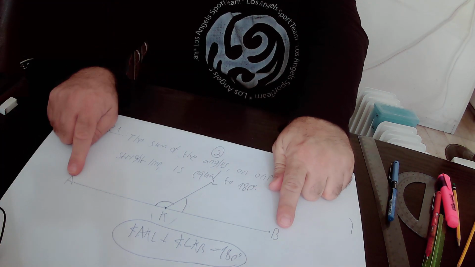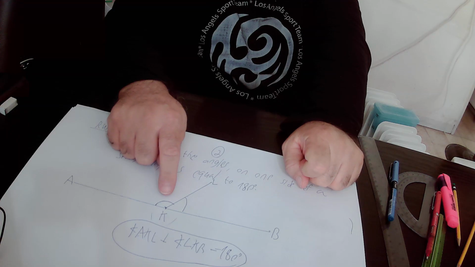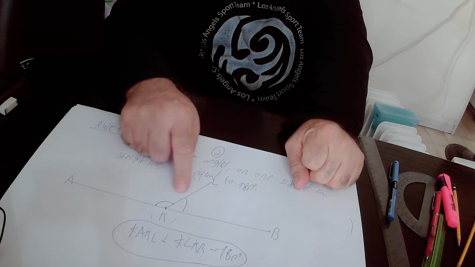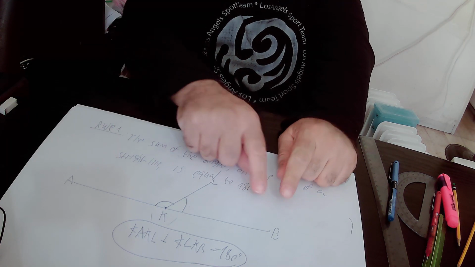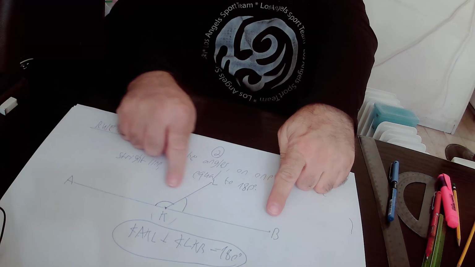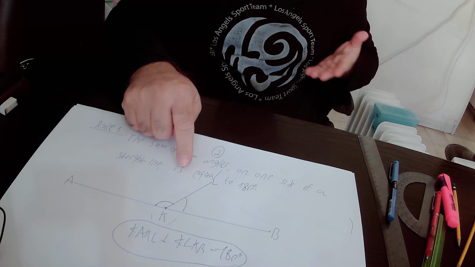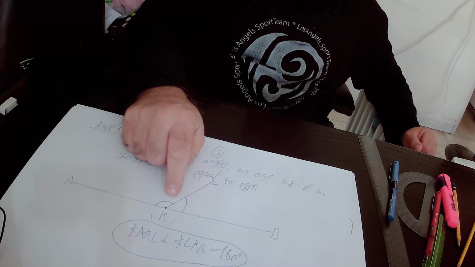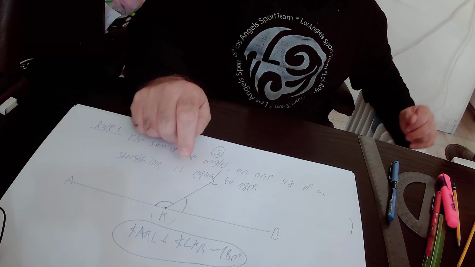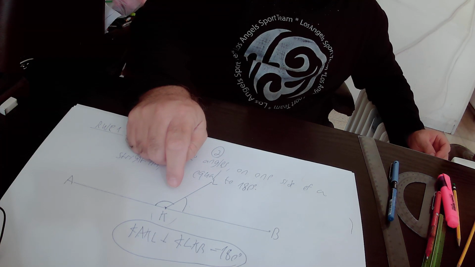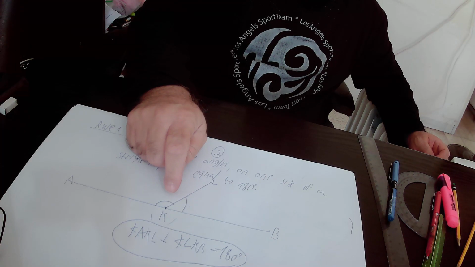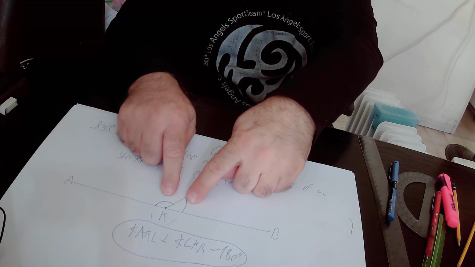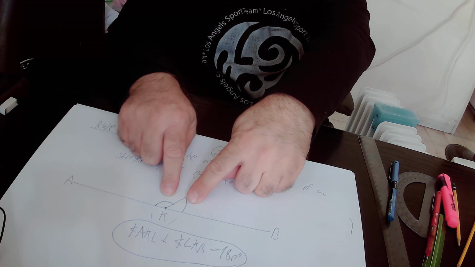If AB is a straight line, and we have here point K, and line segment KL, so if we focus on the upper side of the straight line AB at point K, according to rule number 1, the sum of the angles on the upper side of AB must be equal to 180 degrees. The upper side is one side, therefore the sum of the angles on the upper side of the straight line AB must be equal to 180 degrees.